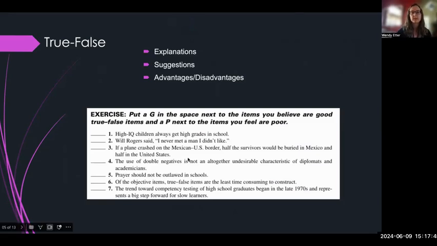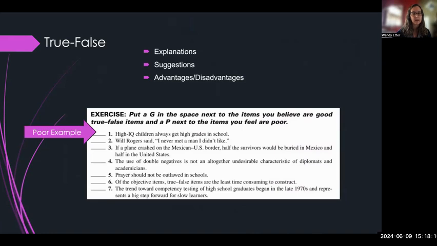So looking at this is one of the examples we did in the pre-activity. This is a poor example. High IQ children always get high grades in school. The word always is an absolute word, and you want to avoid those when you're going true false, because that also can be an opinion word.